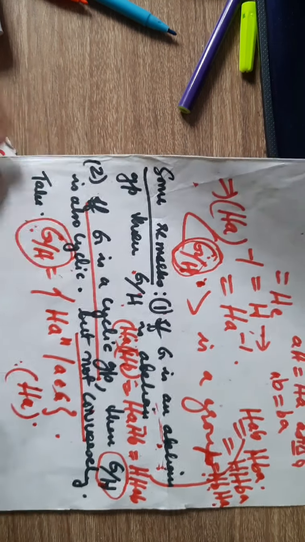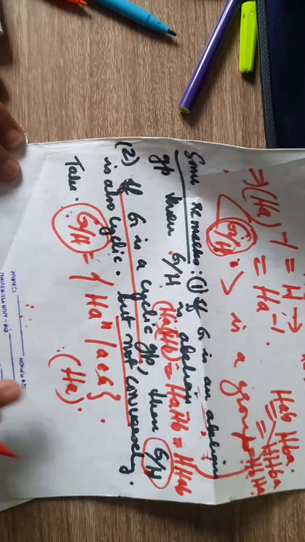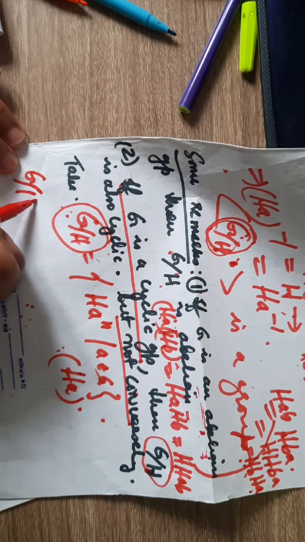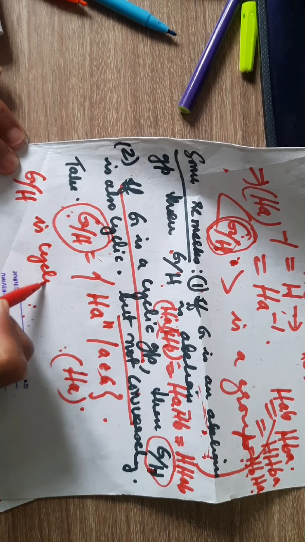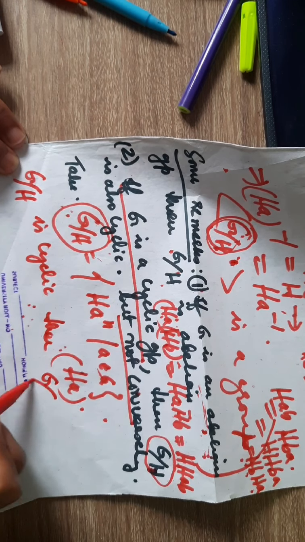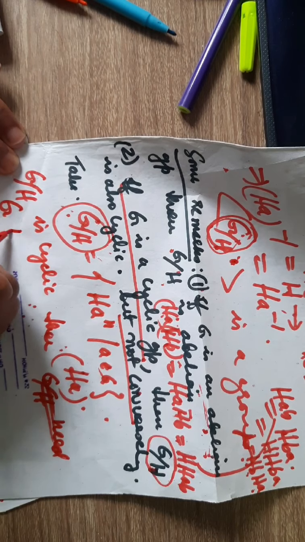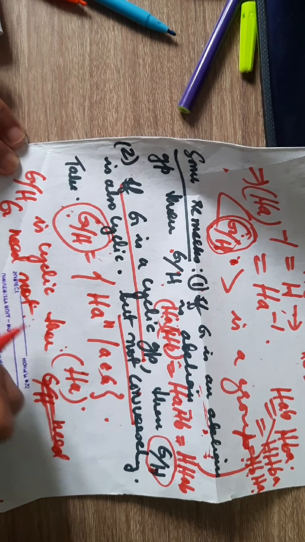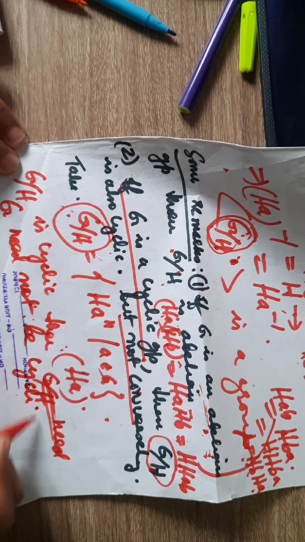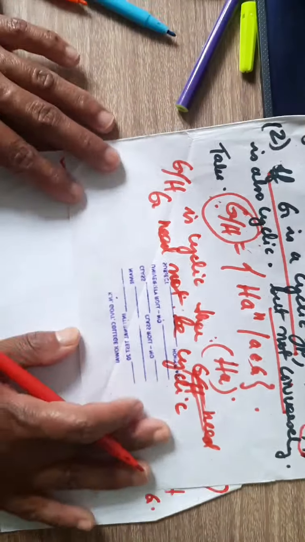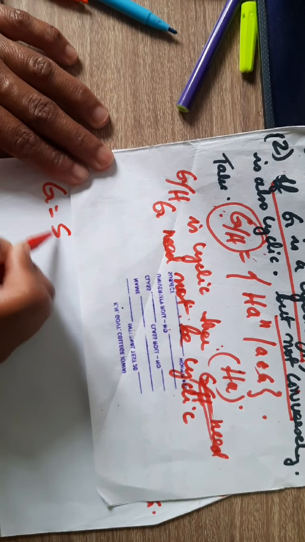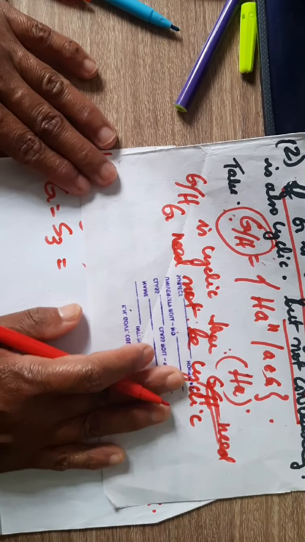That is, if G by H is cyclic, then G need not be cyclic. And the example for this one is, you take G to be S3, the symmetric group.